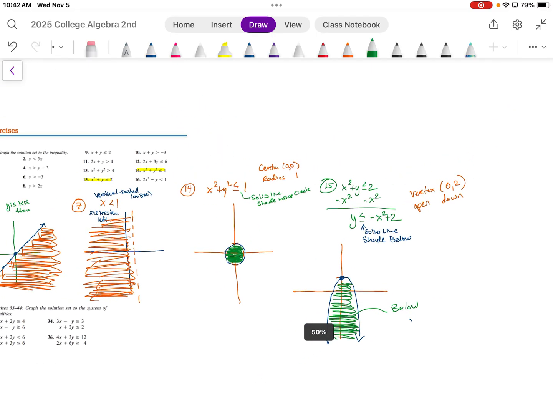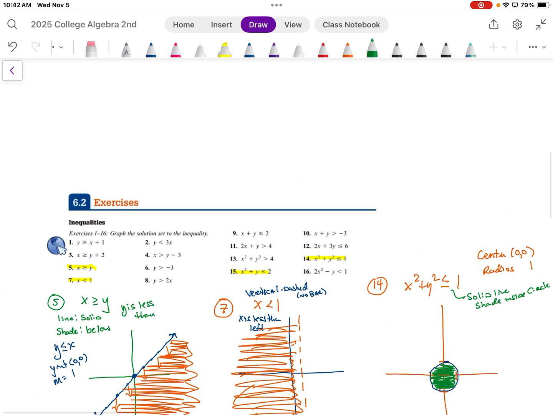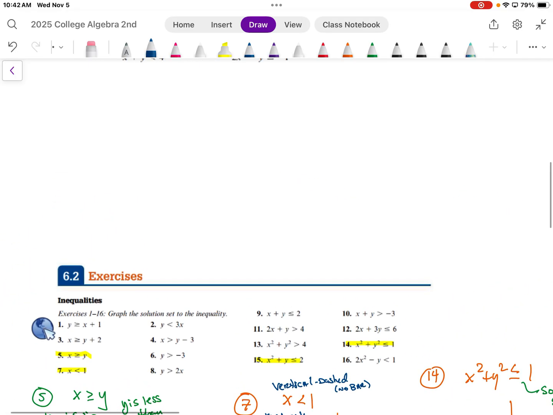Now, here's the other option, now that I've done 6 problems this way. This is an option your book gives you, and you can do this option if you want. Test 0, 0.